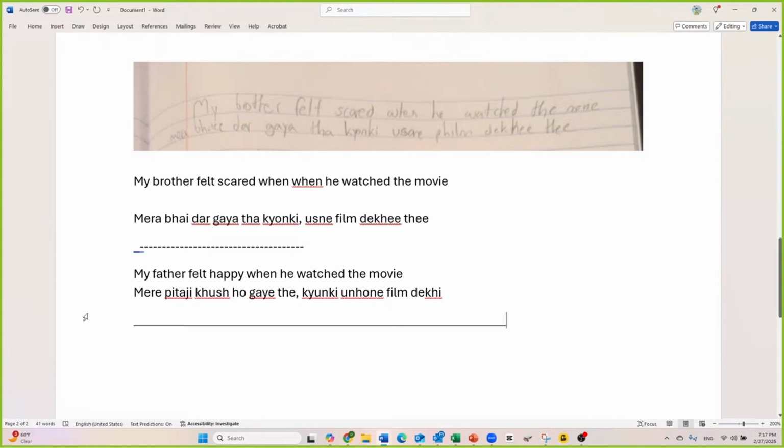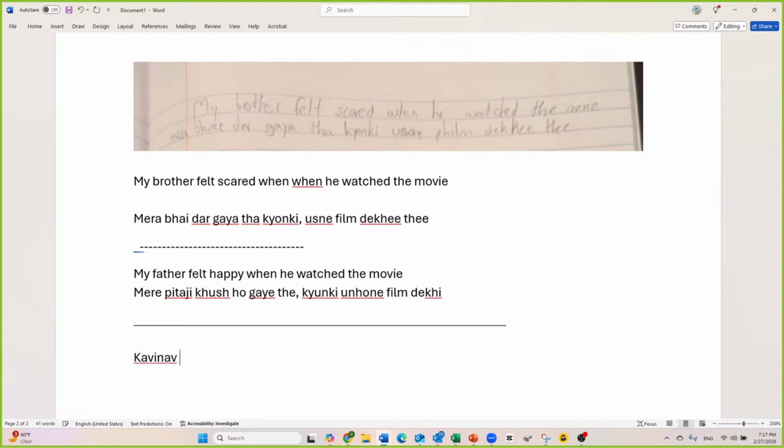Okay, let's repeat it. मेरे पिताजी खुश हो गए थे क्योंकि उन्होंने फिल्म देखी.